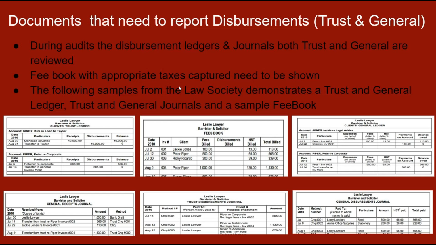Each line item carries its own particulars, and the top documents that you have to reflect in an audit or during your own compliance management consist of your trust ledger, your general ledger, your trust journal, especially the trust disbursement journal, the general receipt journal, and the general disbursement journal.